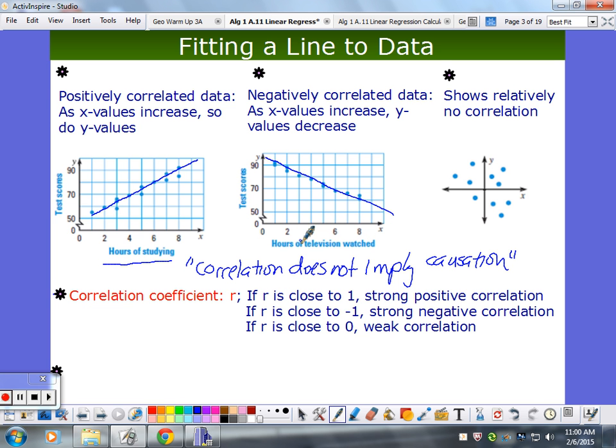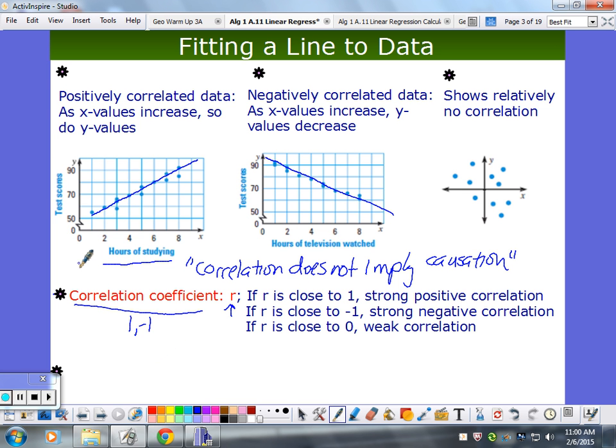Okay, so in mathematics, now back to math, we have something called a correlation coefficient. It's represented by the letter R, and there's a whole statistical calculation that's made. You get a number that's either 1, -1, or any number in between. Based on what that number is, it tells you how strong the relationship is.